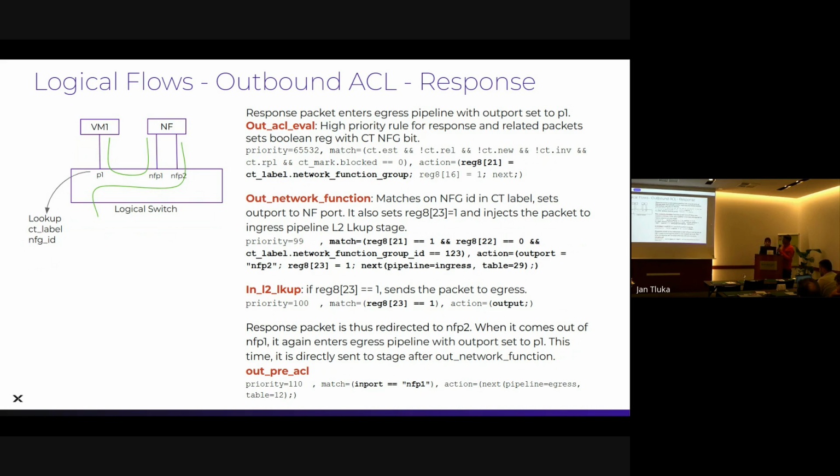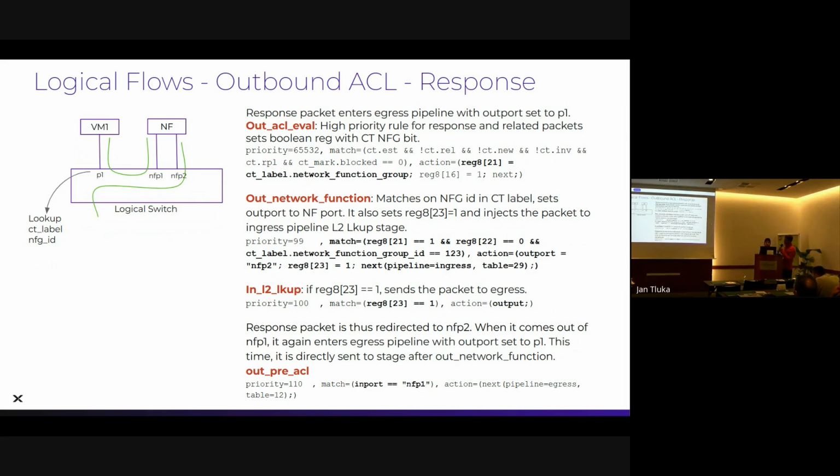Now let's see the response packet. When the response packet comes in, it will hit the ACL evaluation stage. For existing connections, we load some information into the registers, so now we load the NFG bit as well, the network function bit is set.